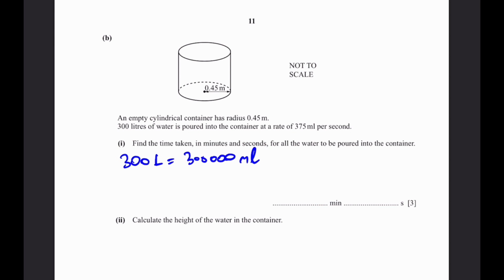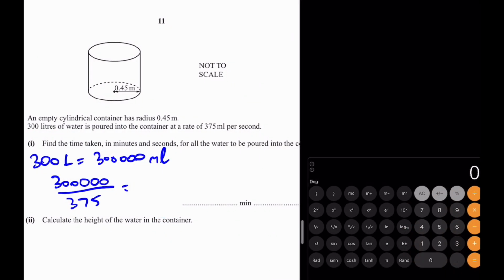And 375 ml per second, so the number of seconds will be 300,000 divided by 375, which is 800 seconds, which is equal to 13 minutes 20 seconds. That's the answer.